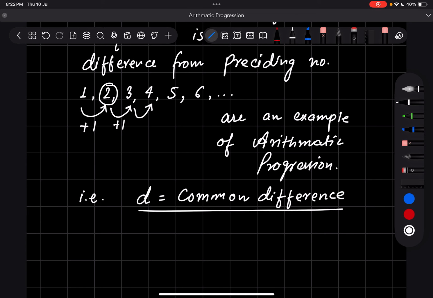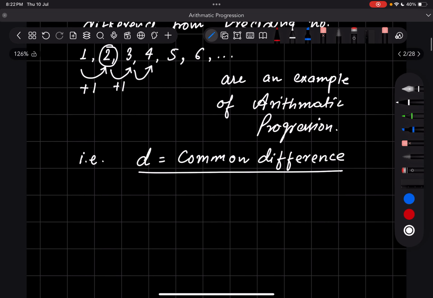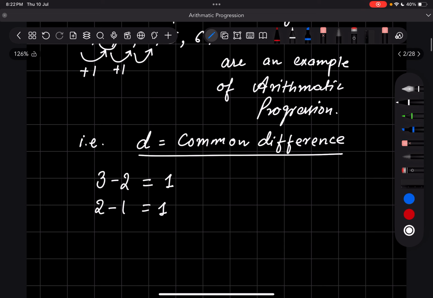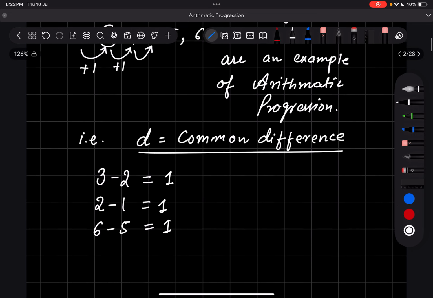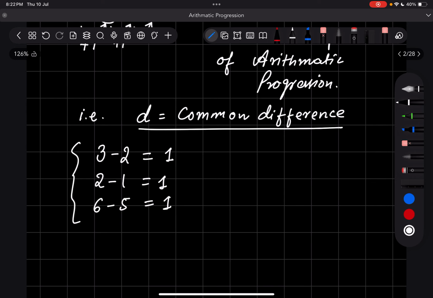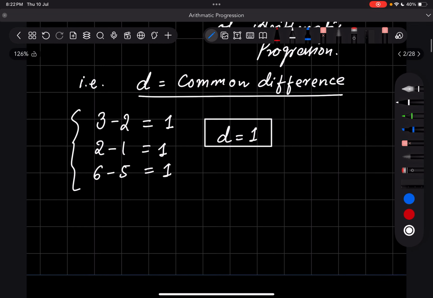So if D is the common difference, then we will find that 3 minus 2 is equal to 1, 2 minus 1 is equal to 1, and so on. Even if you subtract 6 minus 5, you get 1. So as we have checked the sequence above, it is giving a common difference of 1 only whenever we are subtracting two consecutive numbers.